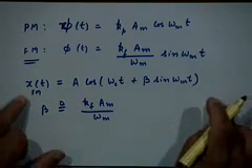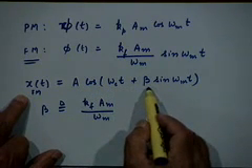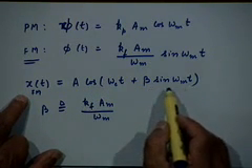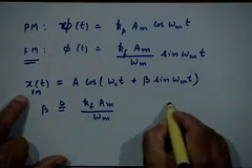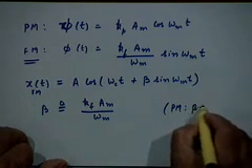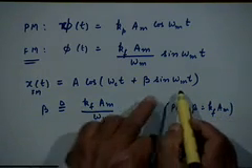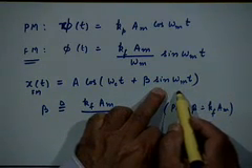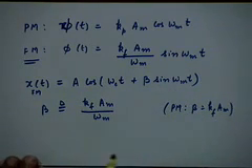For the case of PM this will become A cosine omega_c t plus, again, beta cosine omega_m t, and the value of beta there would be k_p A_m. So for PM beta would be k_p A_m, and of course instead of sine omega_m t it will be cosine omega_m t, which hardly makes any difference. We will see that.